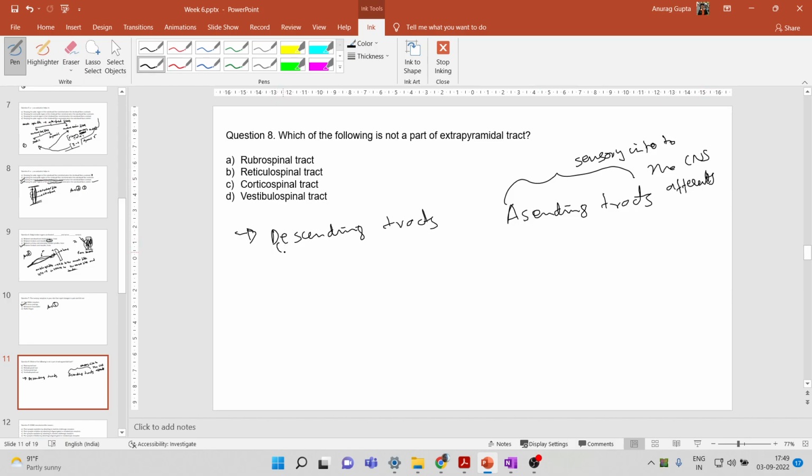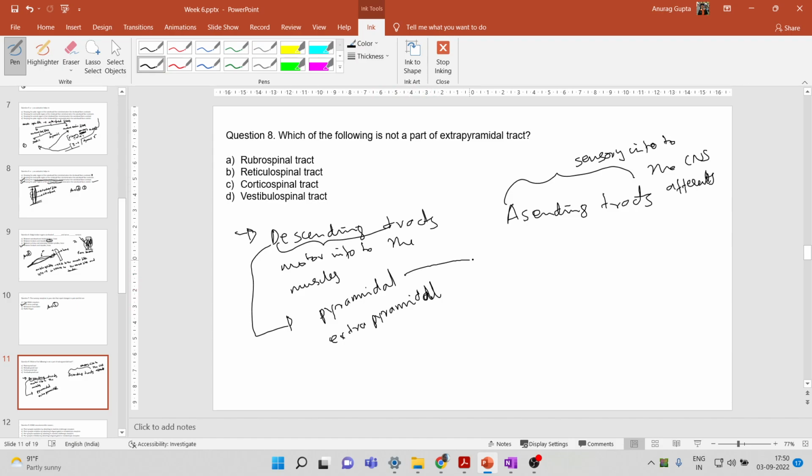Then we have the descending tracts, or the motor tracts, which bring motor information from the brain to the muscles. The descending tracts can be divided into two parts: one is pyramidal, and the second is extrapyramidal.